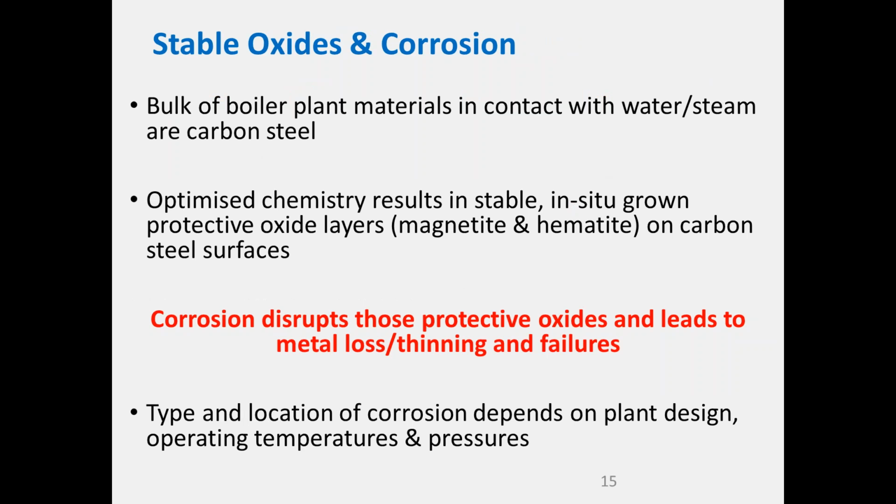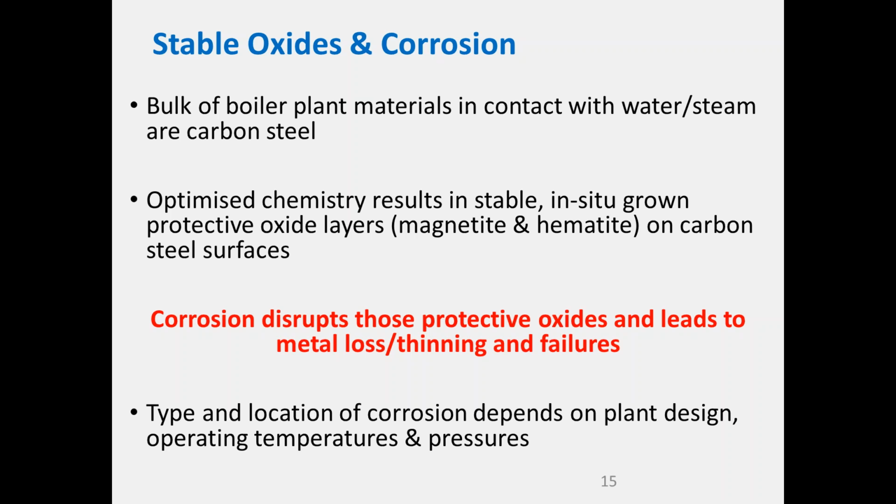In terms of the plant itself, it's the bulk of the plant's carbon steel, already mentioned that, and what good chemistry does is it actually forms a stable oxide, a bit like your aluminium and your aluminium oxide on your aluminium beer cans. Okay, and what we're trying to form is a stable magnetite and hematite oxide on the surface, and what corrosion does is it disrupts those protective oxides. So within any kind of boiler plant, we have protective oxides, where we get the reaction to go right.